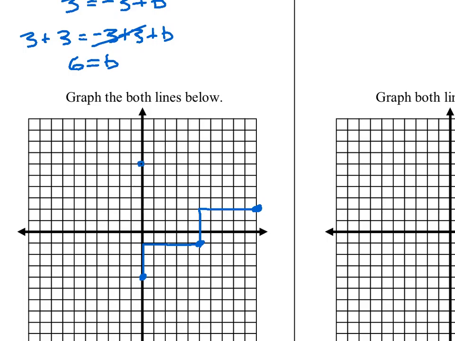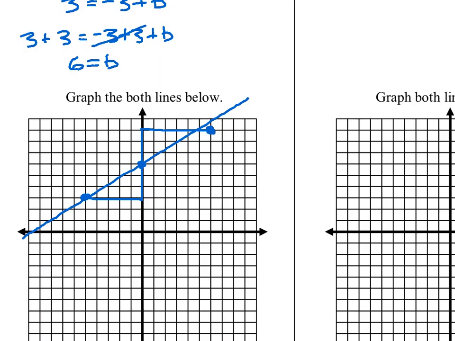1, 2, 3, 4, 5, 6. Rise of 3, run of 5. I'm out of space doing this way, so I'm going to go back to our other point. I'm going to go backwards, down 3 and back 5. Then I'm going to get out my trusty straight edge. I missed.